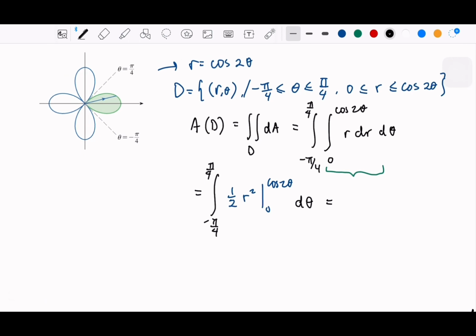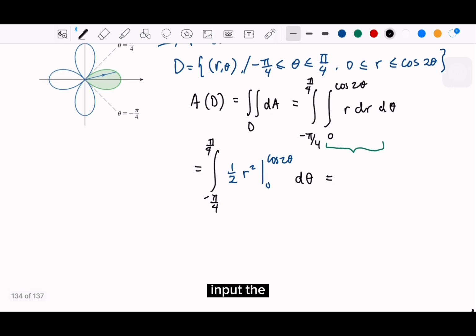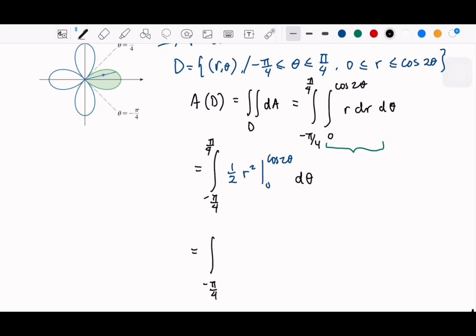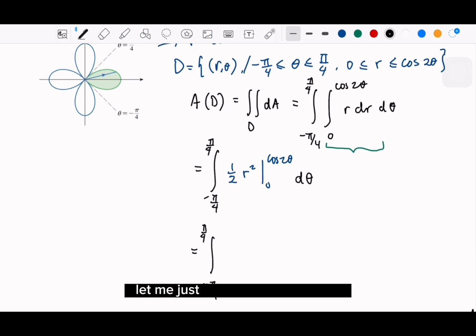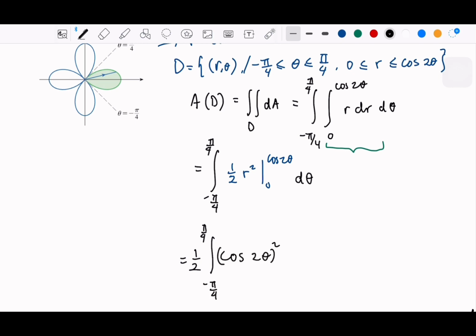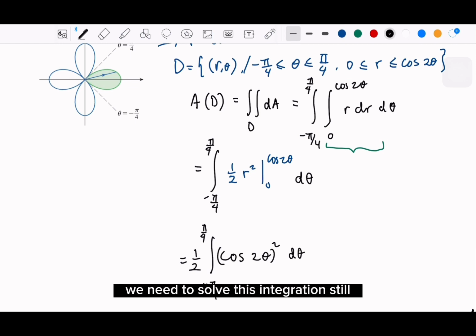So we plug in the limits. So this will be, let me just write half outside here, and then the inside will be cosine 2 theta squared, and then d theta.